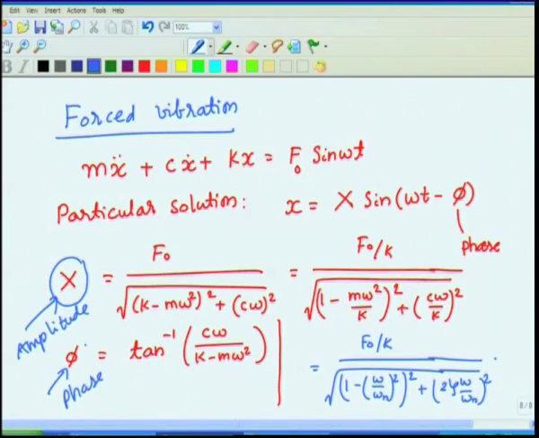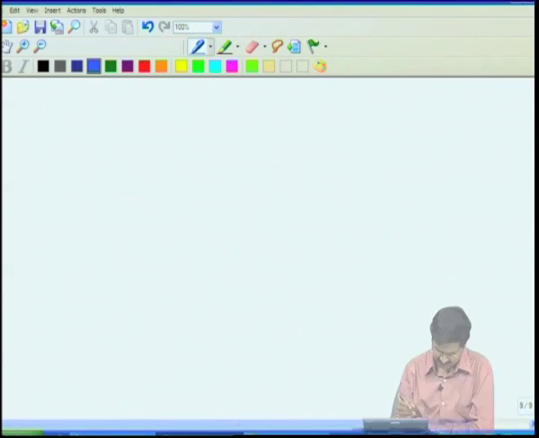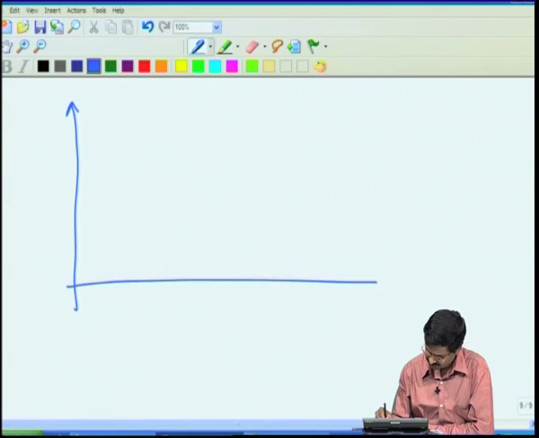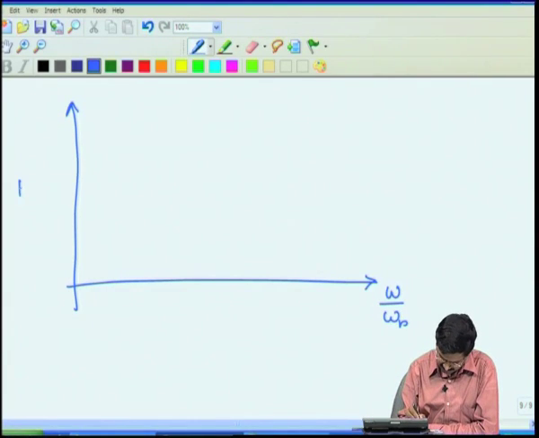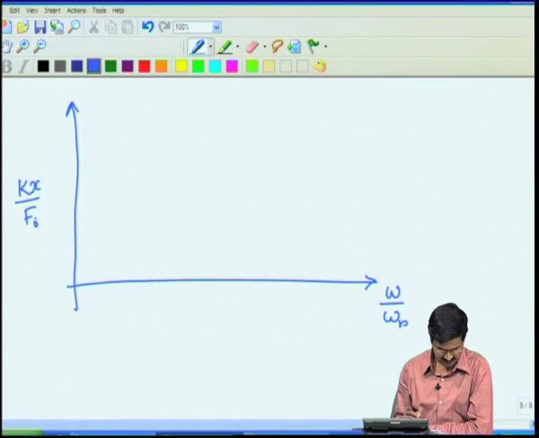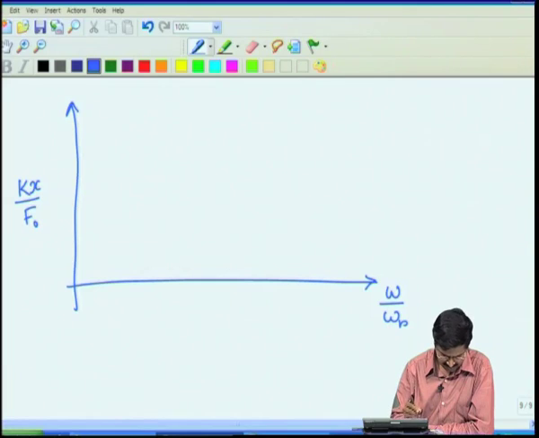We are interested in the amplitude. If we plot that using this expression here, we get something like this. Let us say I plot here omega by omega n, and here I have k x divided by f naught, because that is what we are interested in.